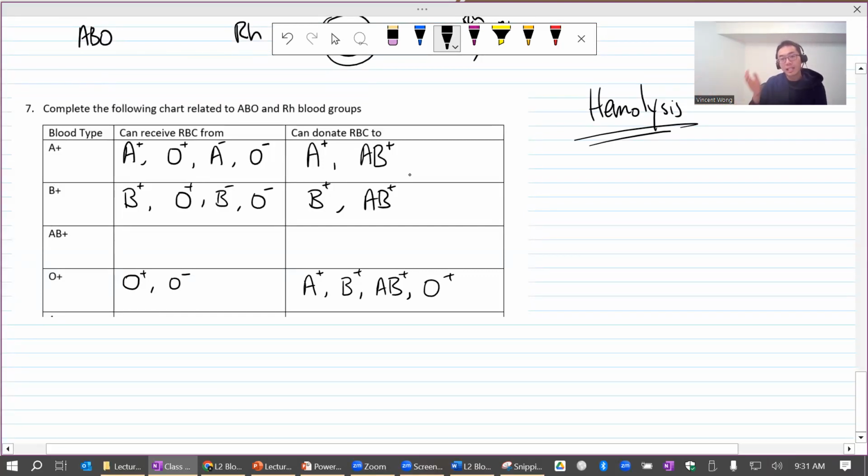In a situation like that, we don't have time to test for all 40 blood groups. So what's the best blood to give? What's the blood that is most likely to not cause a problem? O negative, that's right. The other blood groups typically do not have as much variation in the population. Okay.